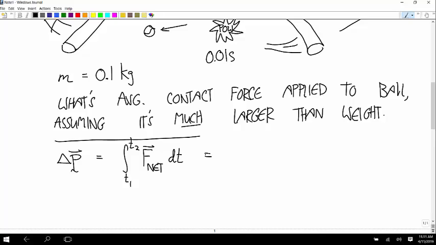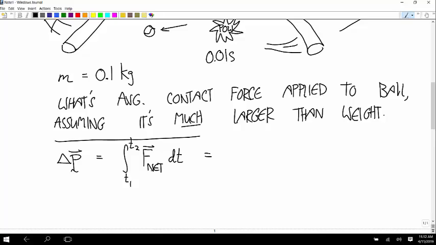And this really useful fact that we're going to use is, if you're only concerned with the average force, because that net force is going to change, you know, at the first instant of contact, it's not going to be a very large force. And then as the ball compresses, that force is going to get bigger. And then as it starts to leave, it's going to get smaller again.